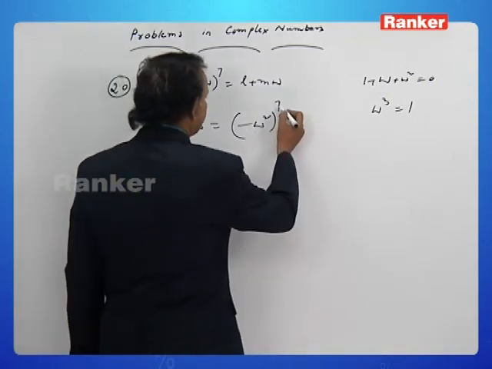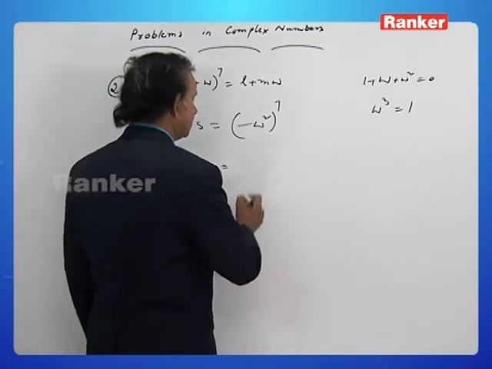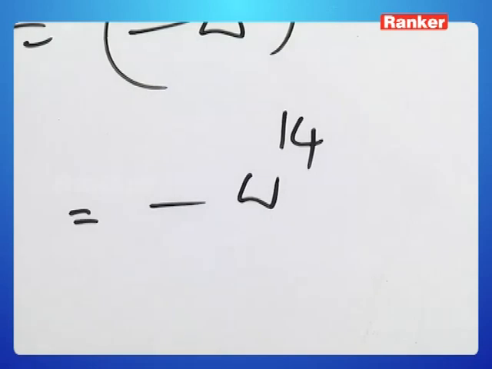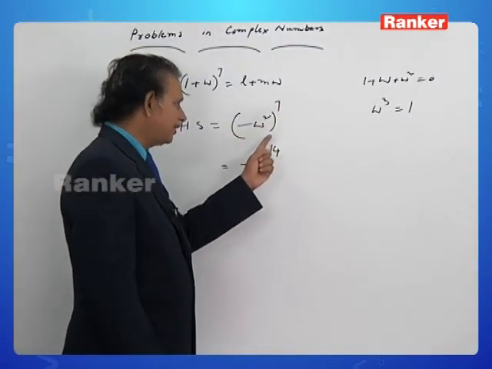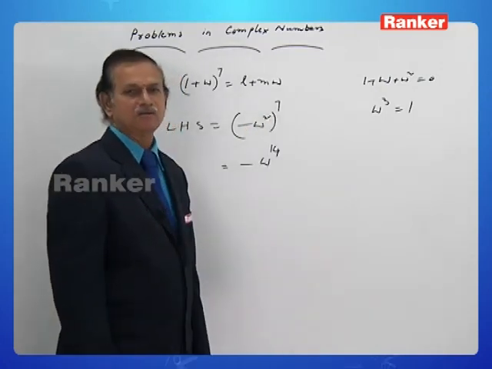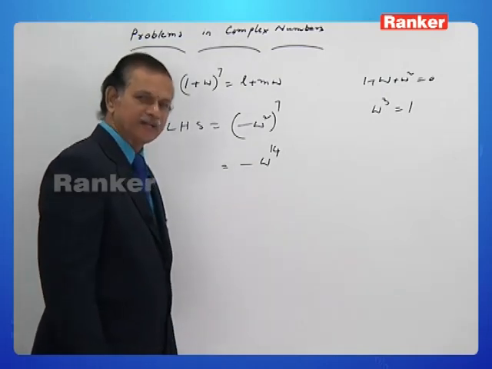Minus omega square whole to the power of 7. What is that? Minus omega power 14, right? As this is an odd power, this is a minus. This is minus 1 whole power 7 into omega square whole power 7, that is minus omega power 14.